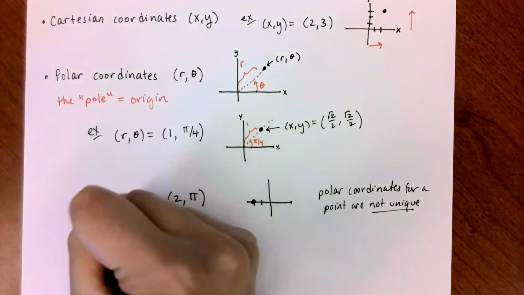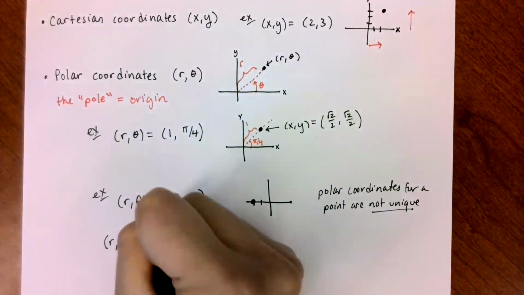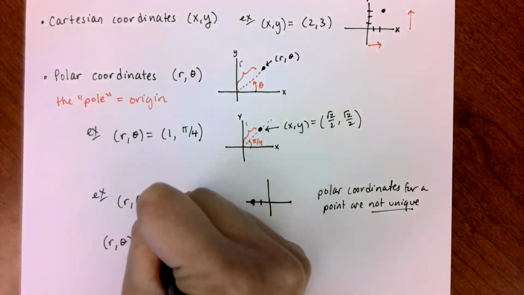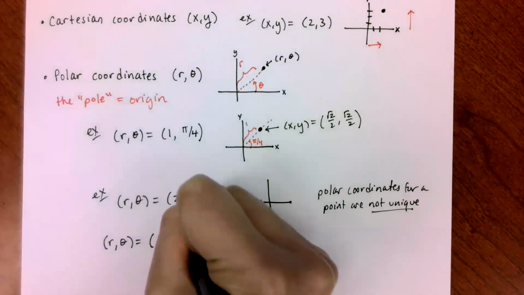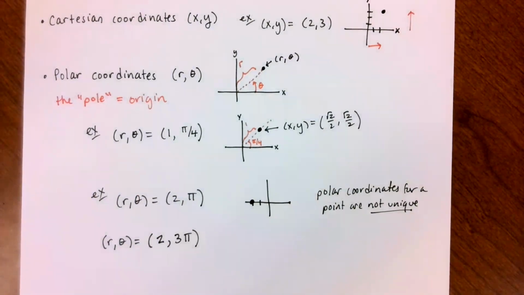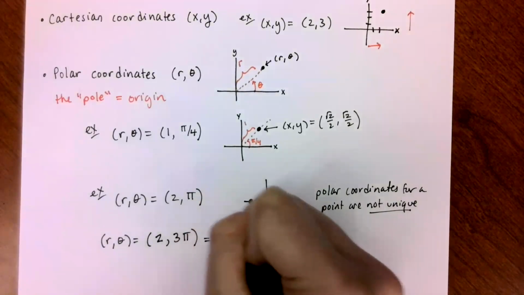So for example, I could have said that the r comma theta point is 2 comma 3 pi. So if I loop around 3 pi, I go 1 pi, 2 pi, 3 pi, and then I go out 2, and I'm in exactly the same spot. We can even have a negative radius number, just like we can have negative angles.